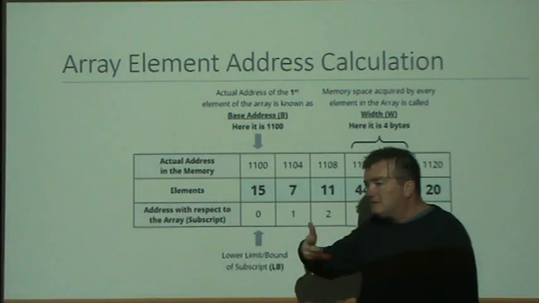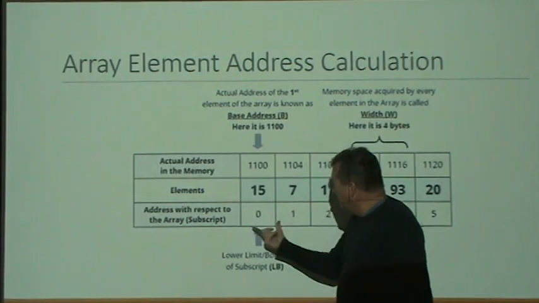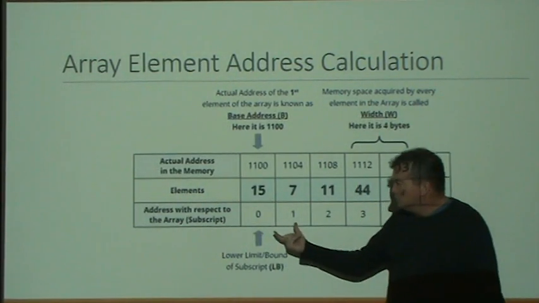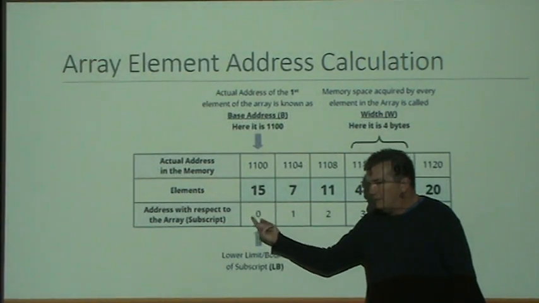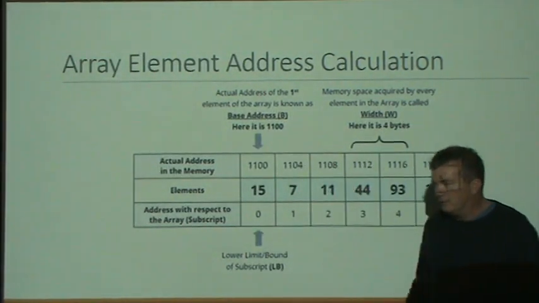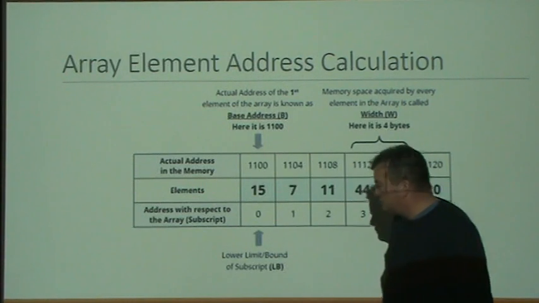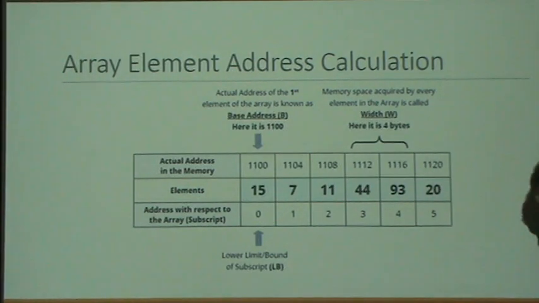Like I say, we could easily just add a 1 to that. If I'm looking for the fourth element, I could just take the index and add a 1 to it. And some programming languages do that. Okay.